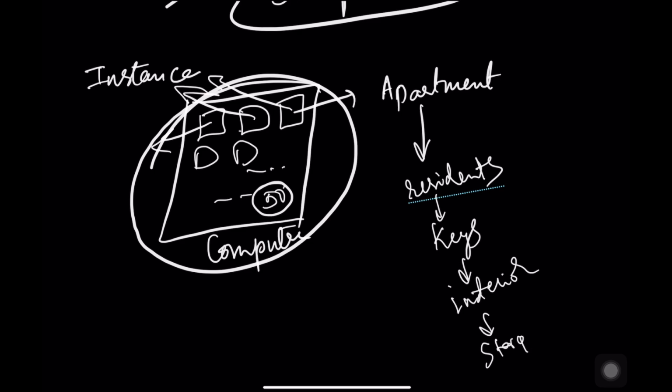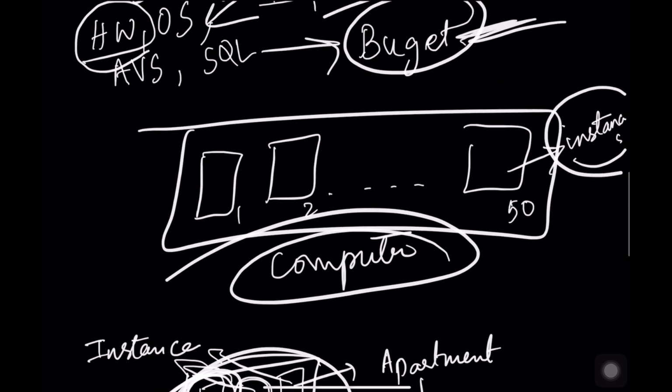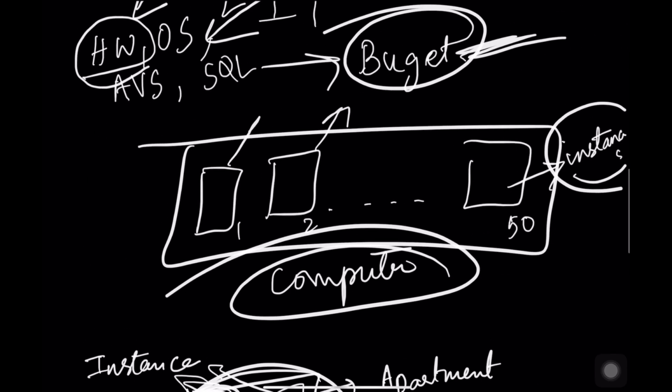Similarly, there is an architecture for these instances. We'll look into that later, but this is just an example in layman's terms that these apartments do not interfere with one another. You understand what I mean? So if you have data of one company and another company, there is no publicly visible data to each other.